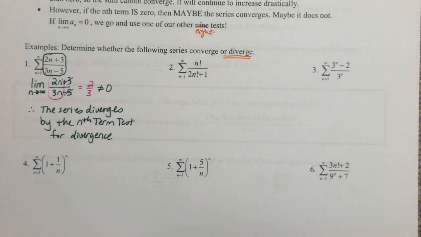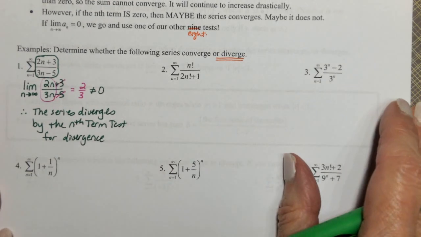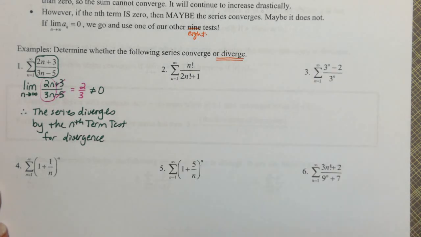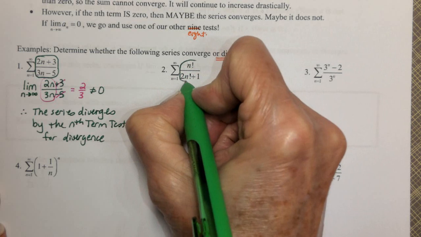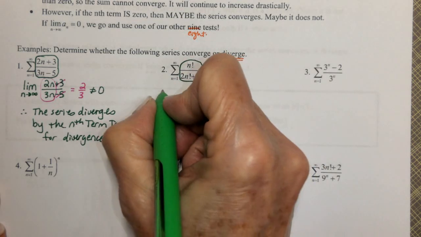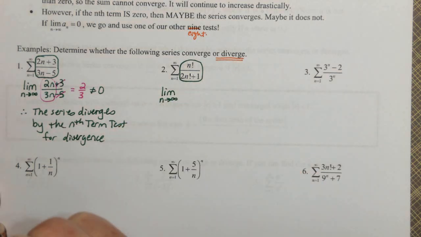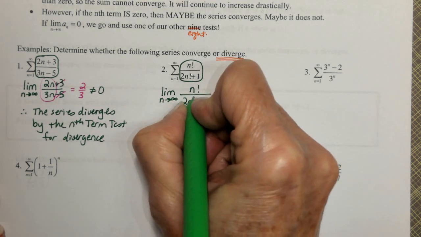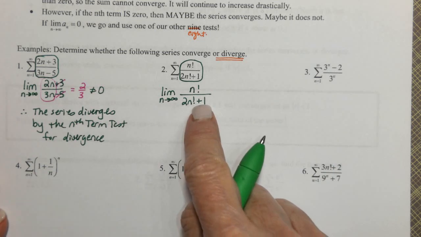Okay? Let's go on to the next one. Does this series converge or diverge? So I see my a sub n, and first thing I do is check what would happen if I let n go to infinity. Of this expression, the plus 1 does not matter.